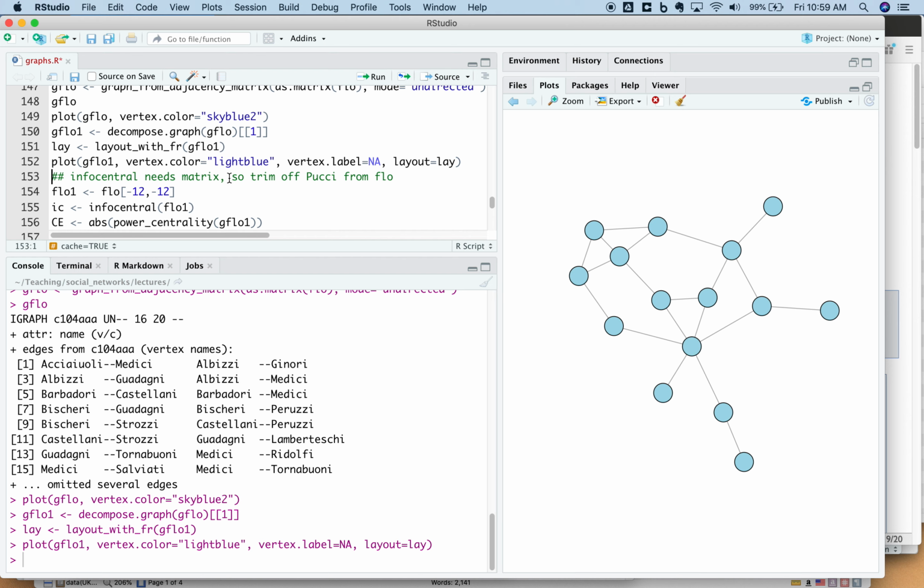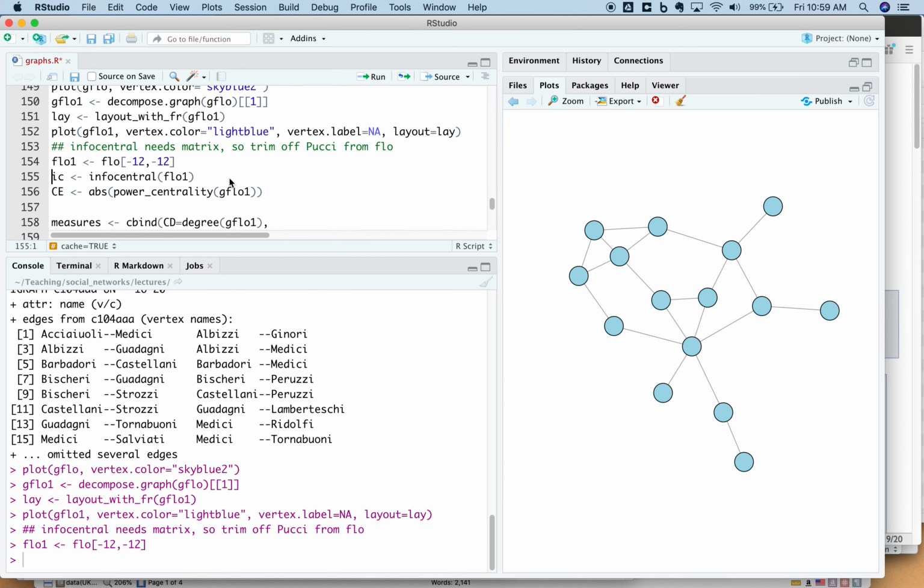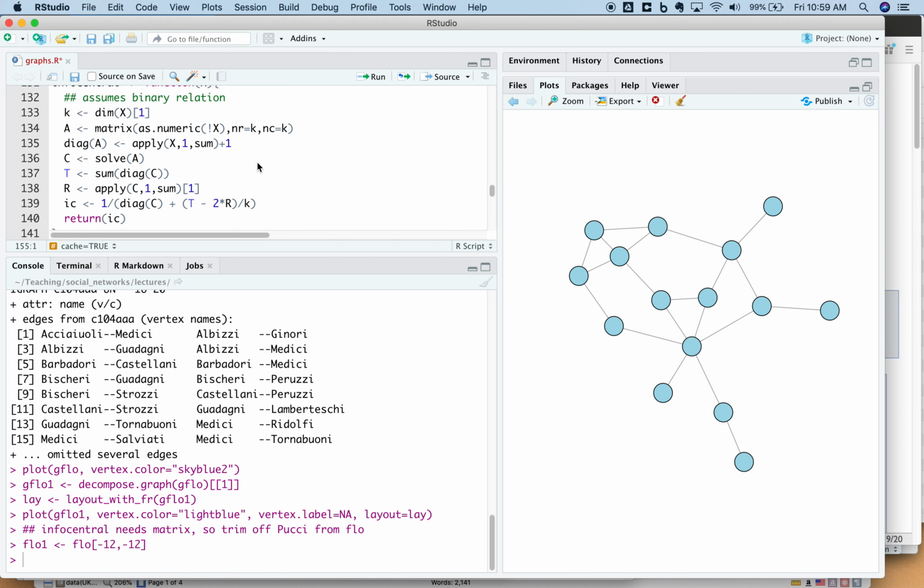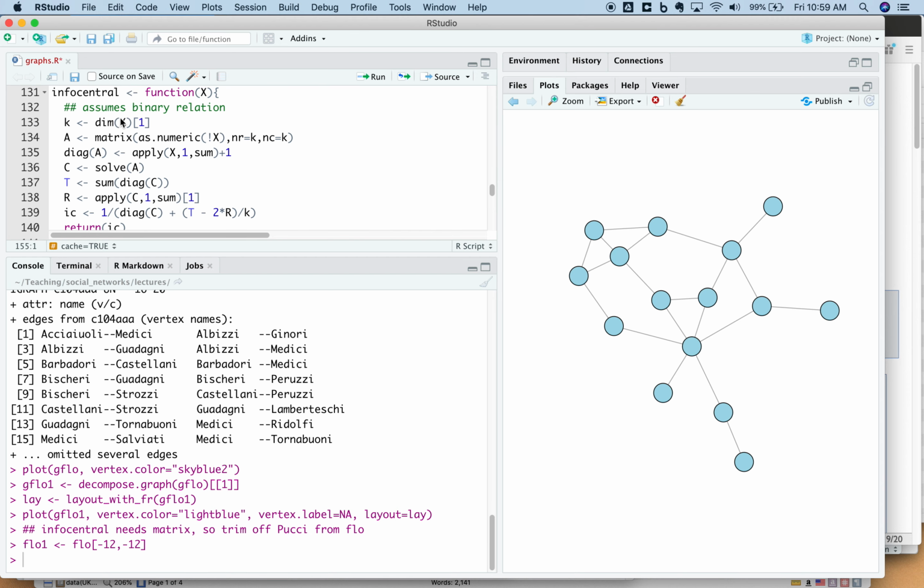Okay, and the information centrality function that we wrote takes a matrix. It doesn't take a graph object. So we'll go back to flow 1, and we'll remove Pucci, who happened to be the 12th element, row and column. All right, and I should show you information centrality, and I should also load it into R. Here's the function.